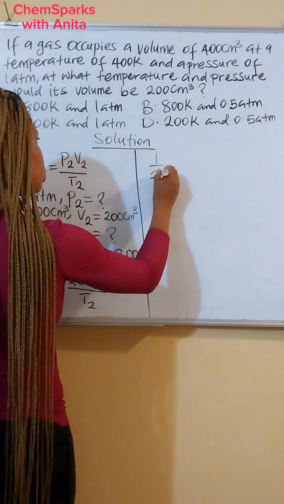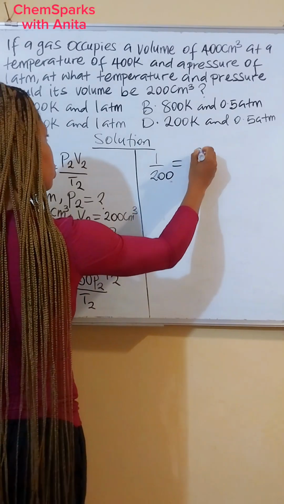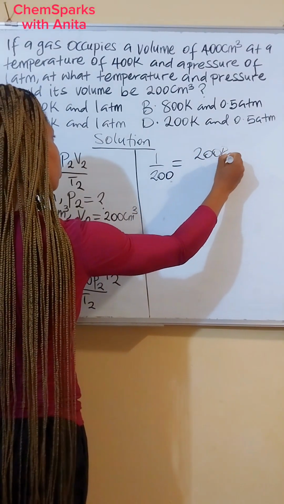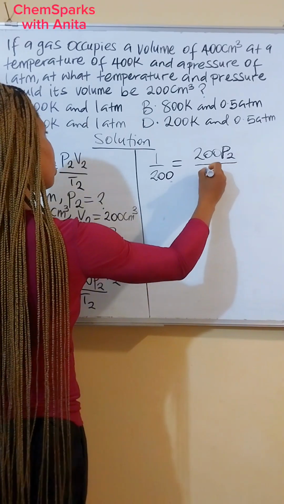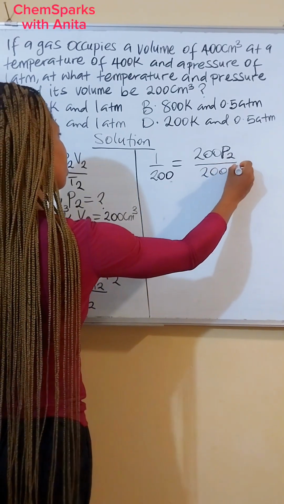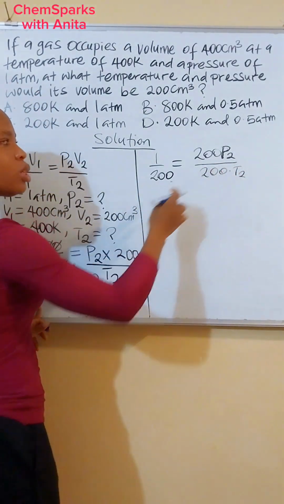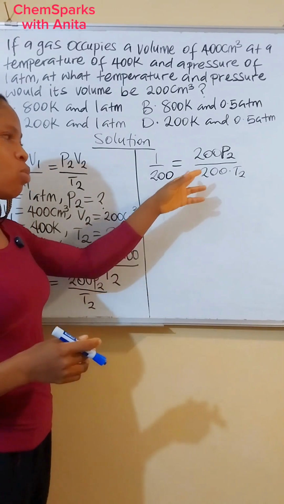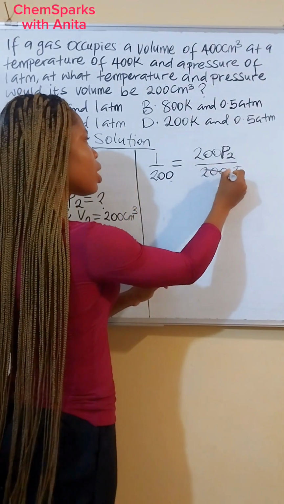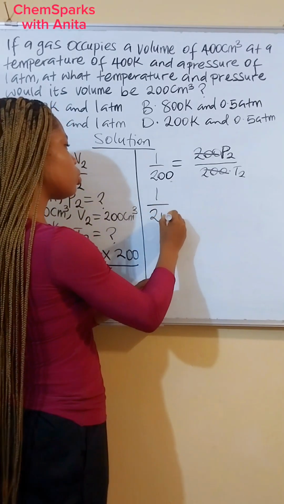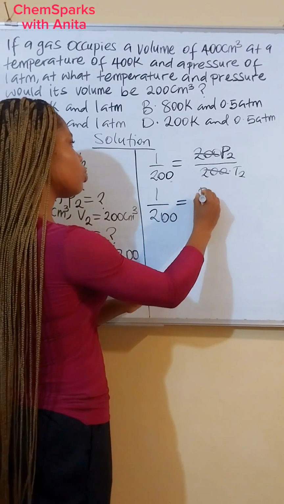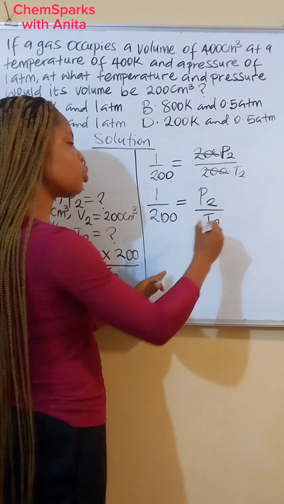1 over 200 is equal to 200 P2 over 200 multiplying T2. That's 200 T2, so dividing both sides by 200, the 200 cancels out itself, and we are left with 1 over 200 is equal to P2 over T2.